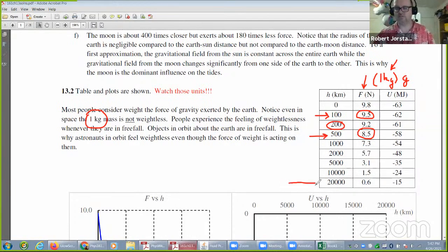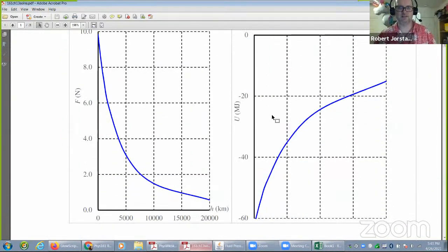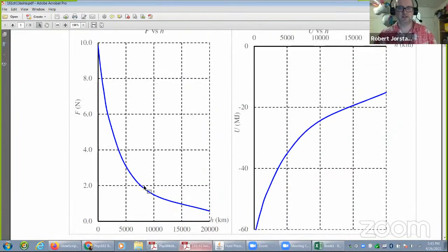Only when you go to extreme altitudes, like 20,000 kilometers, this isn't meters, this is kilometers now, then the gravity starts to be negligible. All right. So in picture form, it looks like this. So we could see that even for the first, I don't know, 1,000 kilometers, it doesn't change that much.